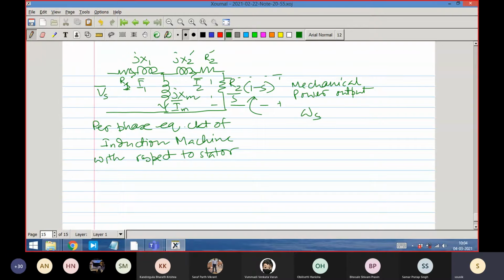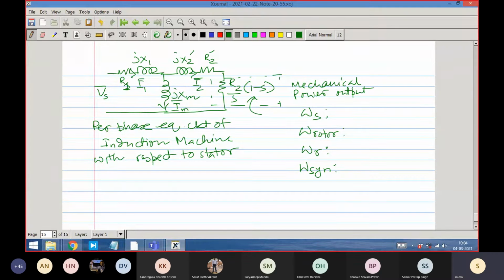We defined omega S as the stator supply frequency in radian per second, omega rotor as the mechanical speed of the rotor. We had defined omega R as the frequency of the voltage or current in the rotor coil, and we had defined omega synchronous, that is the synchronous speed of the magnetic field, in radian per second.